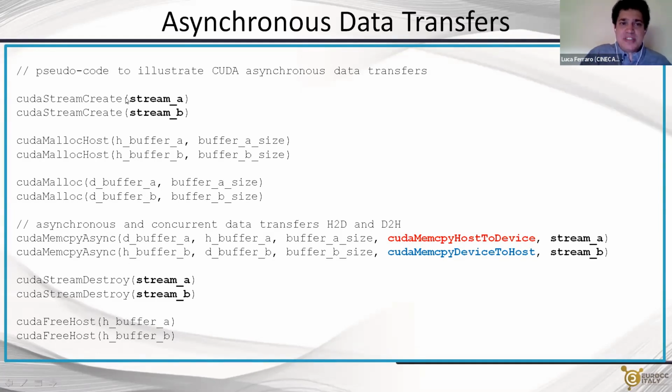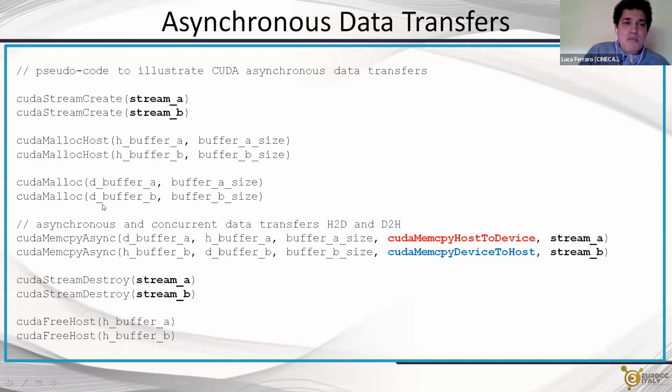We have created two streams, stream A and stream B. Here with CUDA malloc host, we allocate buffer A and buffer B on the host side in a pinned, page-locked memory fashion. We have, of course, counterpart buffers A and B on the device side, allocated with CUDA malloc.